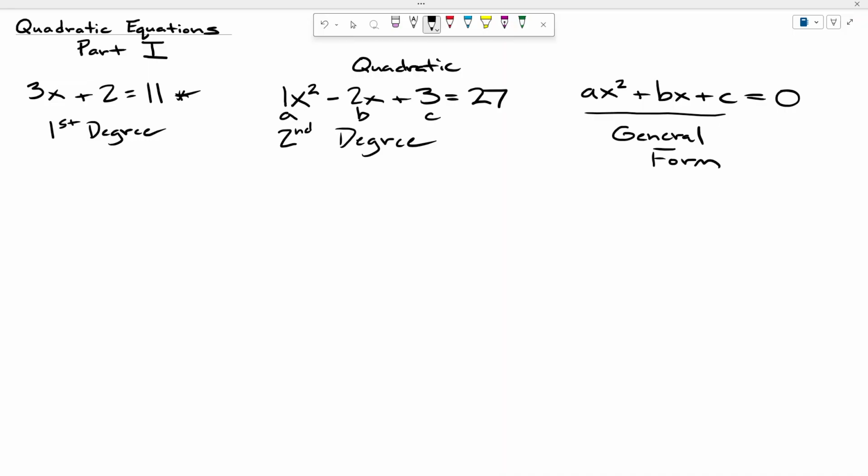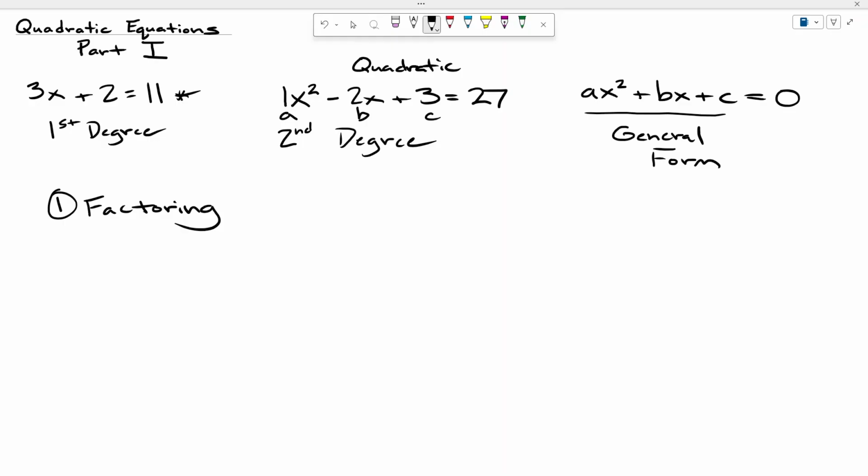So one method for solving quadratic equations is to use factoring. So that is going to be the first method that we look at, is factoring. And to do this, we'll need to apply what's called the zero product principle. All right.